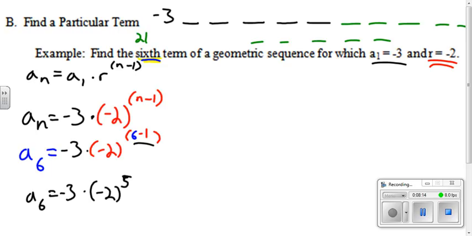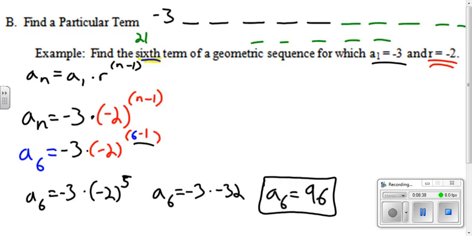Negative 2 to the fifth power is negative 32. So a sub 6 is negative 3 times negative 32, which equals positive 96.